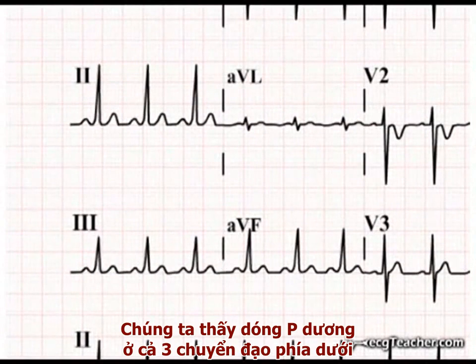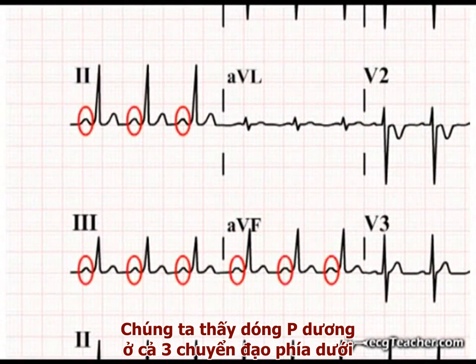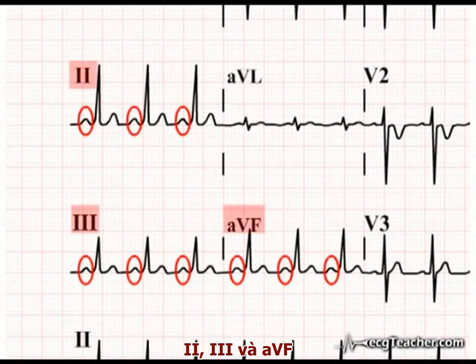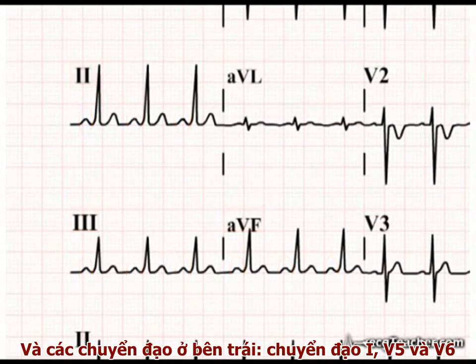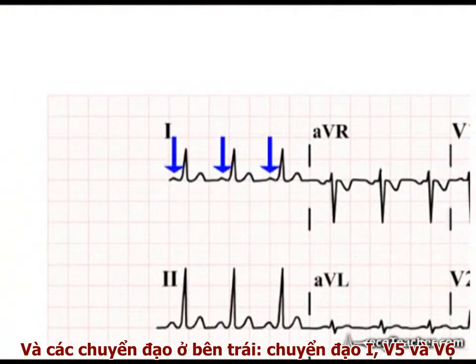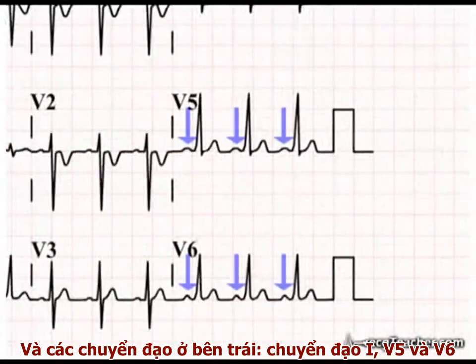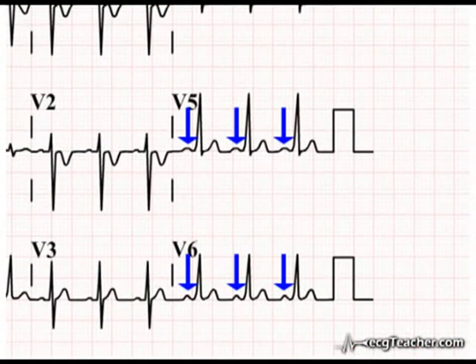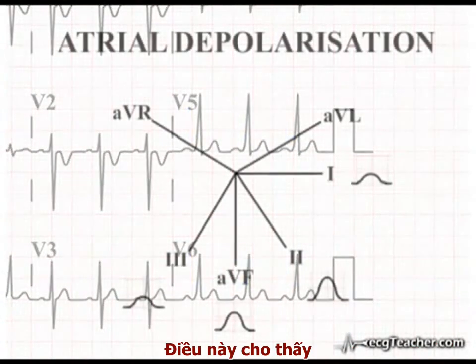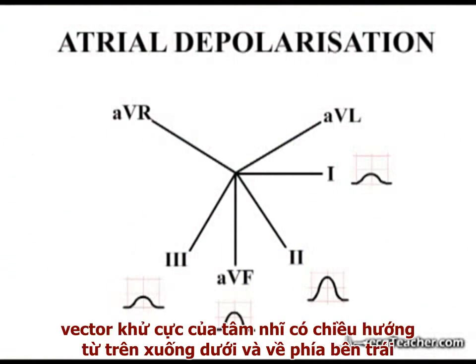We find upright P waves in both the inferior leads, 2, 3 and AVF, and the left-sided leads, leads 1 and V5 and V6. This indicates that the bulk of atrial depolarization is proceeding downwards and to the left.